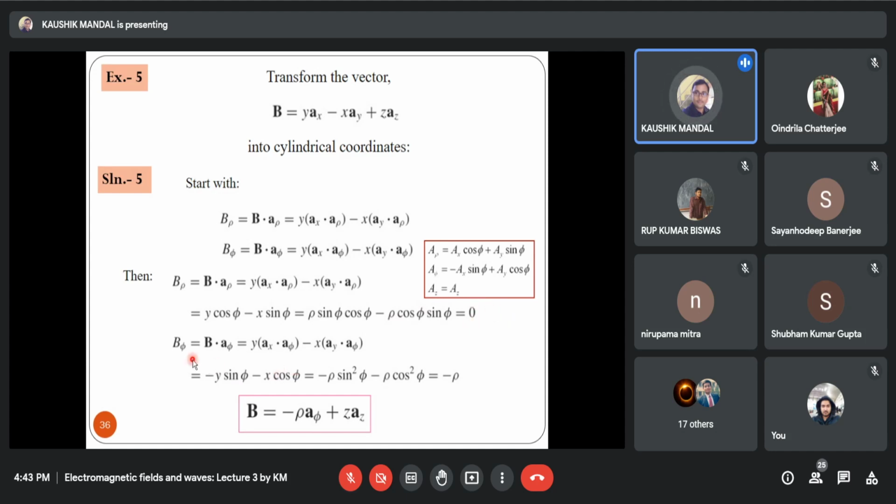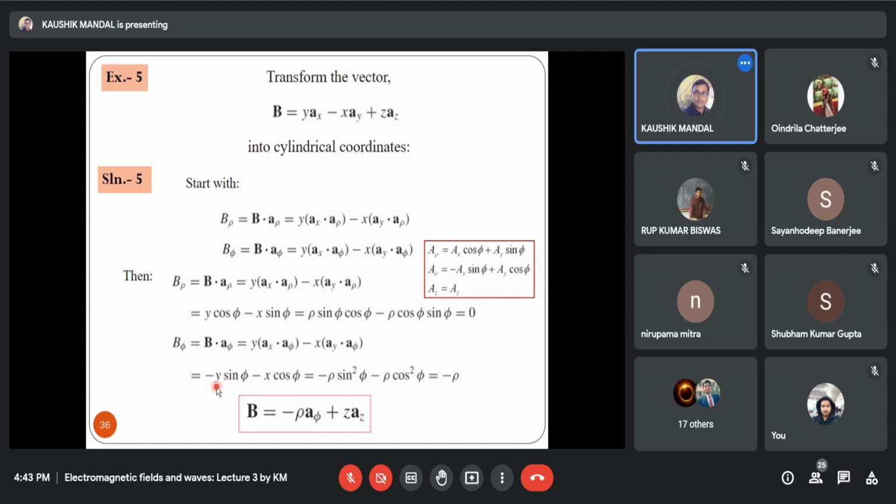Next, what about the b phi? For b phi we have to consider these equations, that is ax dot a phi. You have to consider the second equation. Ax dot a phi will be only minus sin phi. Similarly, ay dot a phi. Once again, you have to consider the second equation. Ay dot a phi means it will leave only the cos phi.